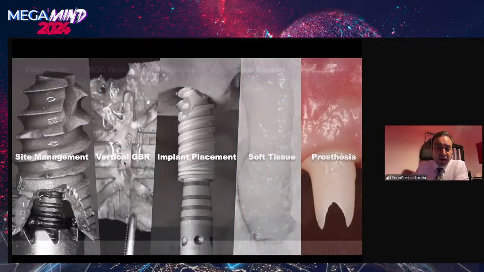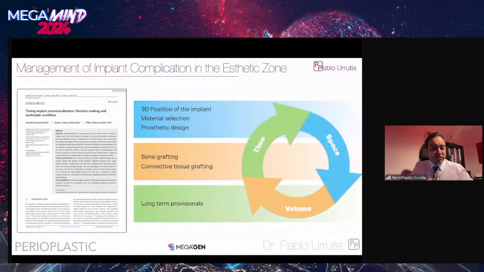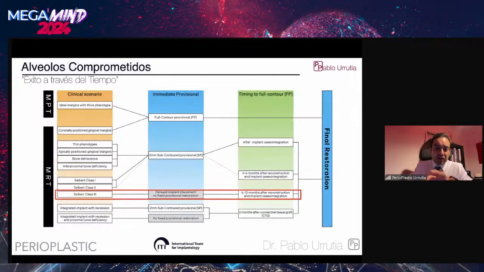In the prosthetic phase, we use what my friend Jonathan Esquivel described, the 3-position, the bone grafting and connective tissue, and long-term provisionalization. We use this article to give the delayed implant placement with no fixed provisionalization.